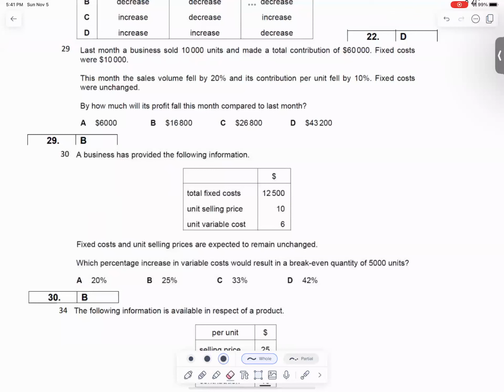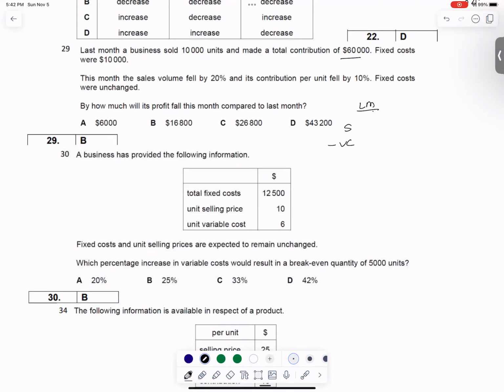A business has provided the following information. Last month, a business sold 10,000 units and made a total contribution of $60,000. Fixed costs were $10,000. First, I will read and write. This is last month.